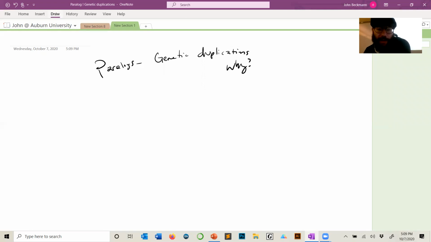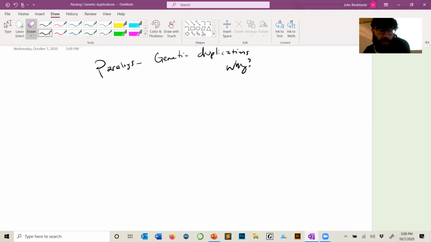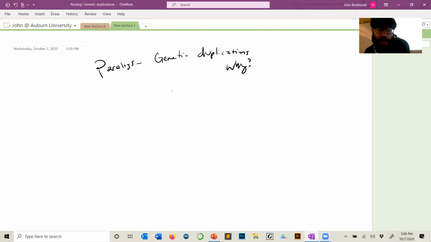Okay, elaborate on that. So Lauren is saying if it's an important gene, you want more than one copy. Why? Yes, so that's right. Let me try to sharpen the language a little bit. It builds redundancy.